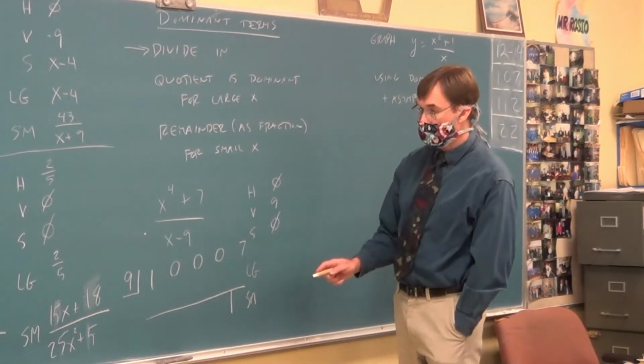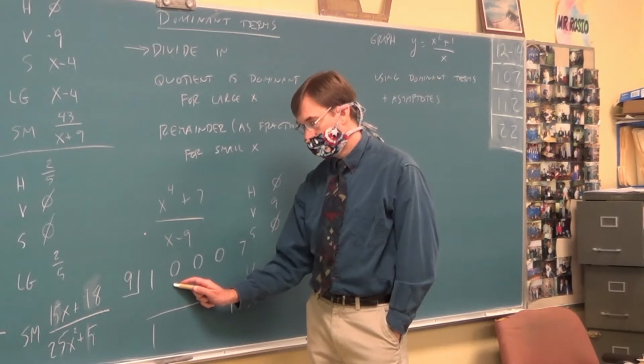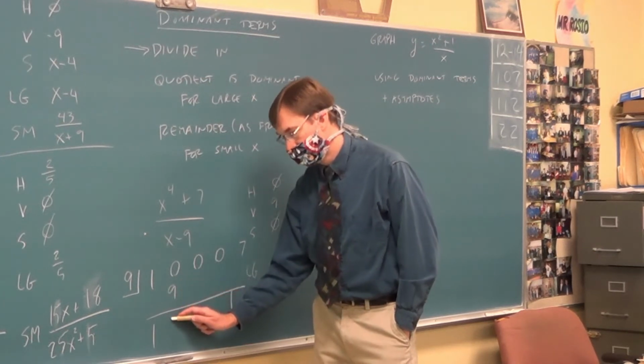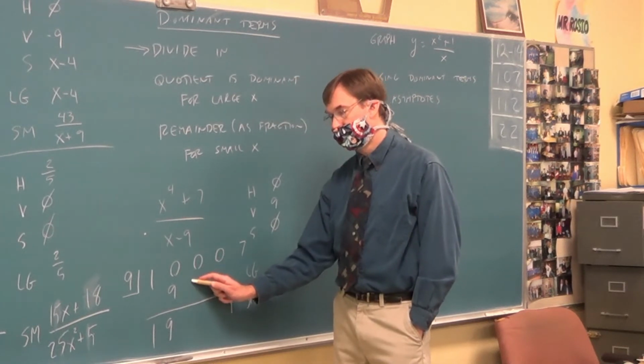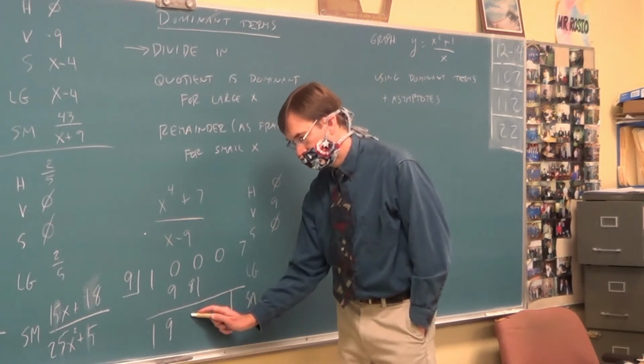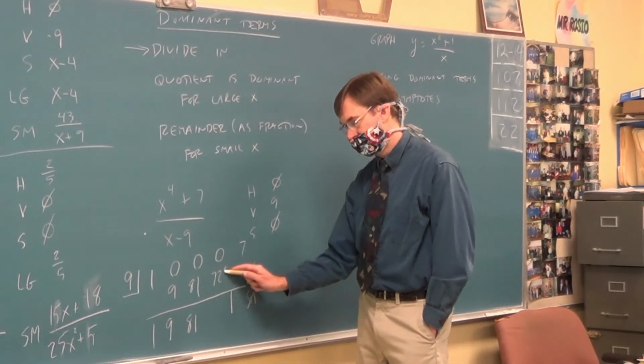How's the process start? Drop the 1. 1 times 9, drop the 9. Add down, 81. 9 times 9 is 81. Drop down, add down, 81 plus 729. Times 9 is 729.